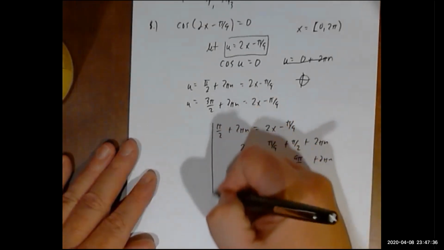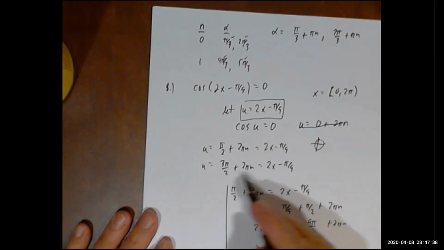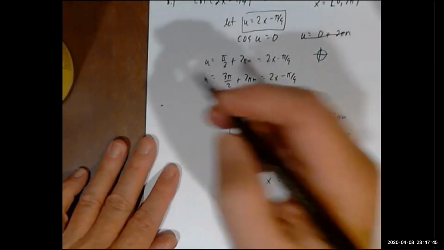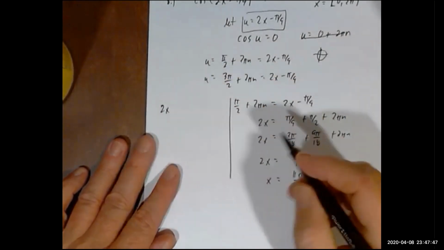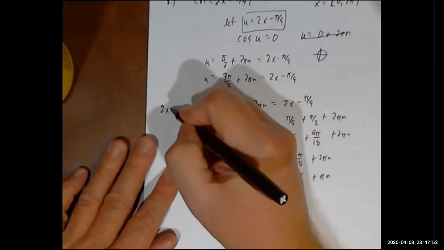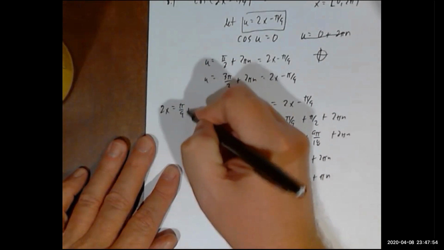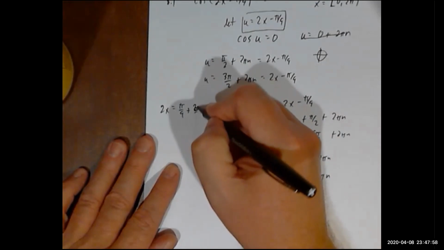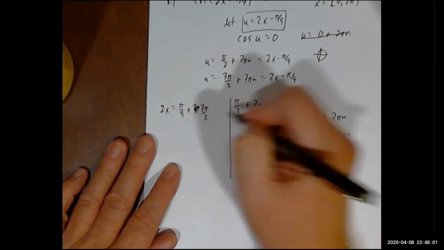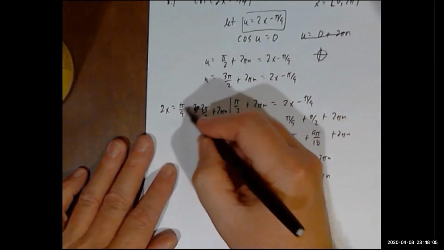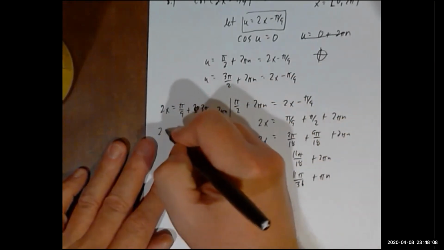I've got to do the same thing now for 3 pi over 2 plus 2 pi n. So we'll take this one, so add pi over 9 to both sides. So I get 2x is pi over 9 plus 3 pi over 2 plus 2 pi n. I need to add these together.